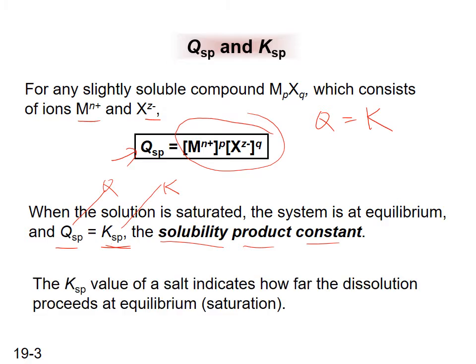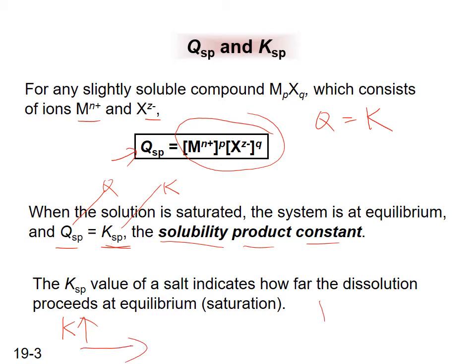The Ksp value of a salt indicates how far the dissolution proceeds at equilibrium, just like the equilibrium constant measures how far the reaction proceeds at equilibrium. For example, if K is large, that means the reaction favors product.